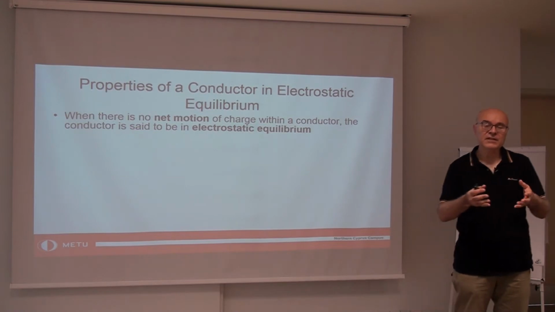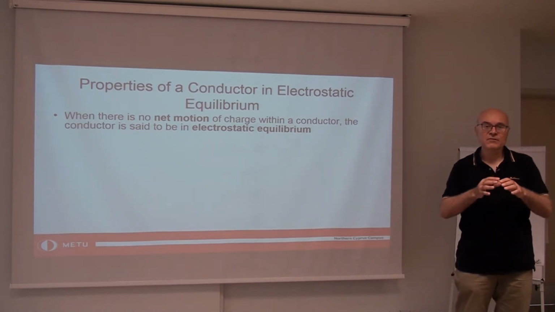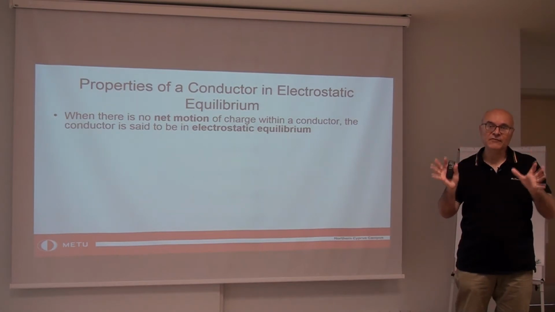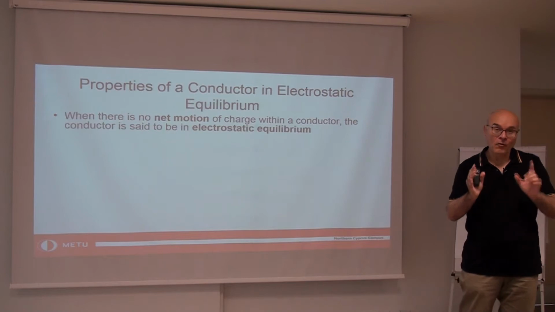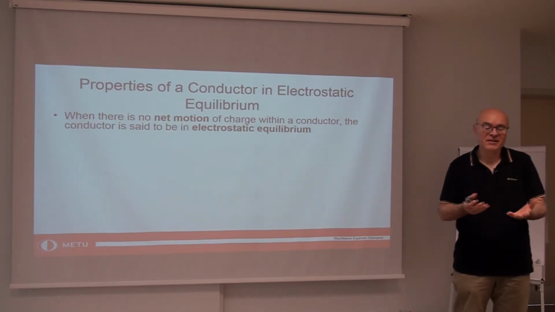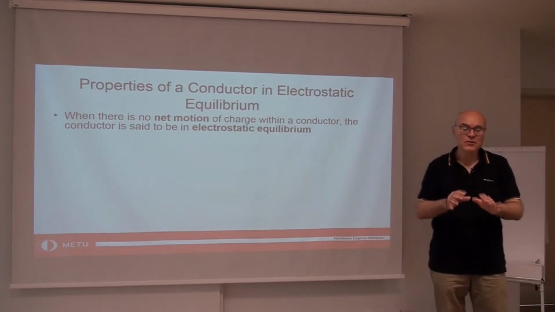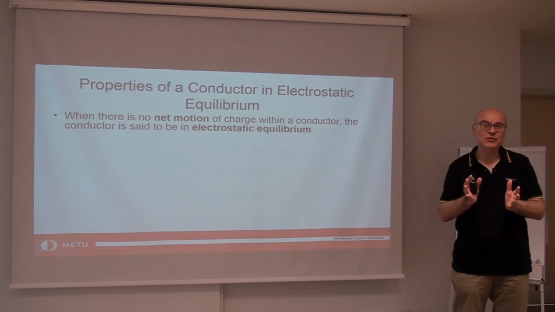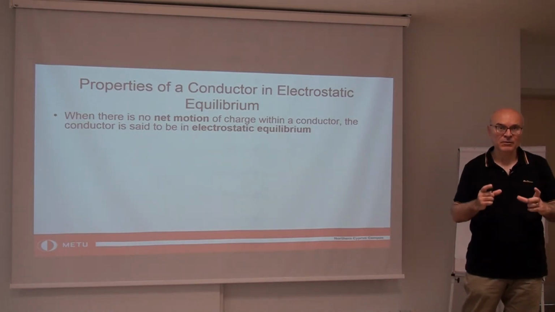Therefore, if there is, for example, a positive charge with a deficiency of electrons, and this positive charge gets distributed in a given way, that distribution of charge is static. Although the charge carriers, which are the electrons, are still moving, that motion is random, so this static distribution of charge doesn't change. This is the state of static equilibrium.